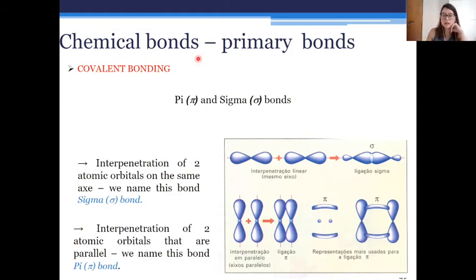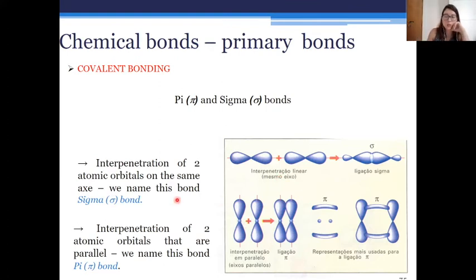This is the case in that representation. We have two p subshells or orbitals, and you can see that they are aligned on the same axis, and so they will interpenetrate in order to share their electron along this axis. And so we call this the sigma bond.